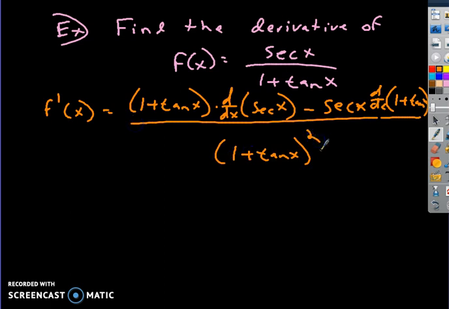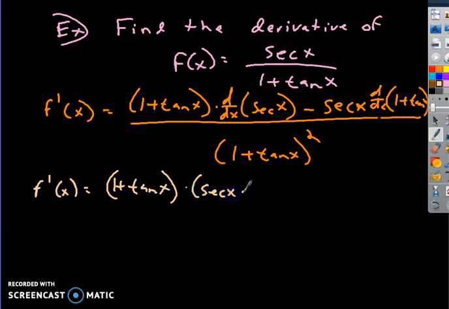So if you're going to find the derivative of this, we should find it to be f prime of x equals 1 plus tan of x times the derivative of secant of x, which is secant tan of x. Let's subtract secant x.